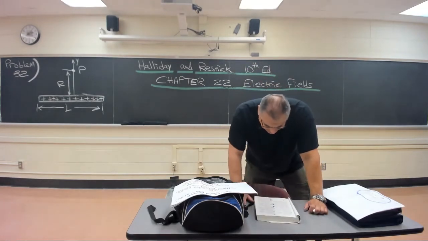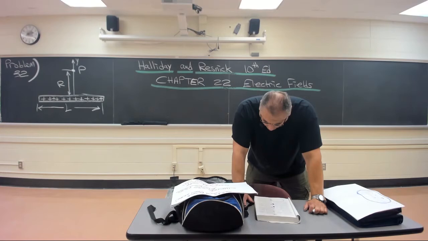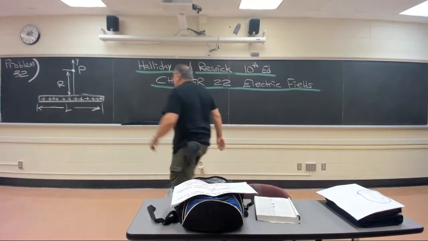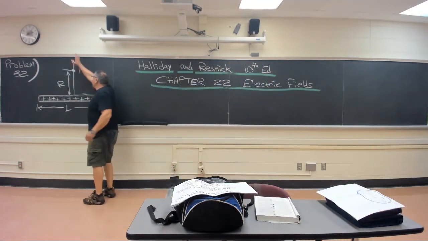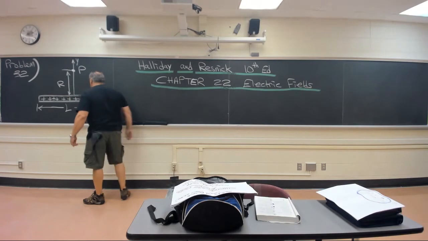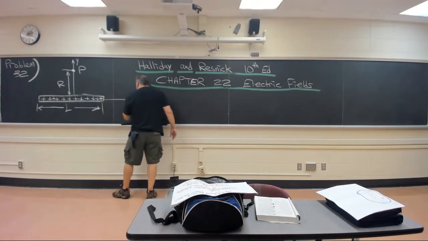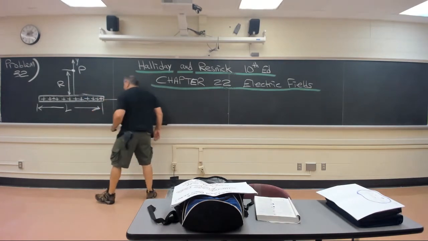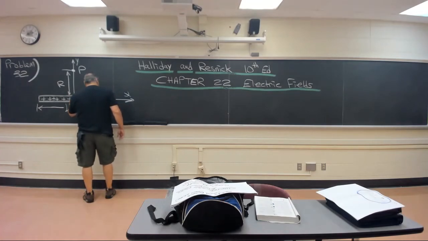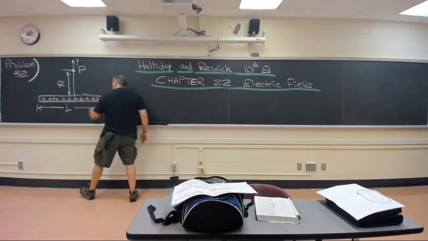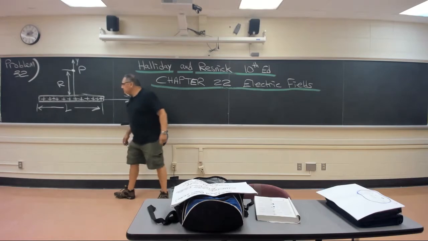In this case, we're not going in that direction, so we're not going to worry about it too much. The positive y-axis is up, negative y-axis is down. Positive x-axis is to the right, starting right here, x equals 0, going this way.